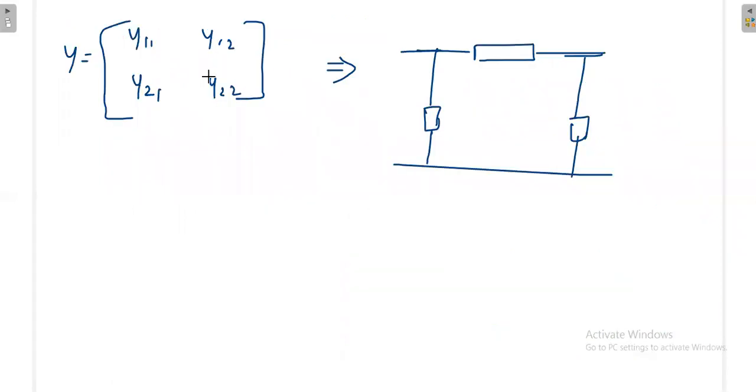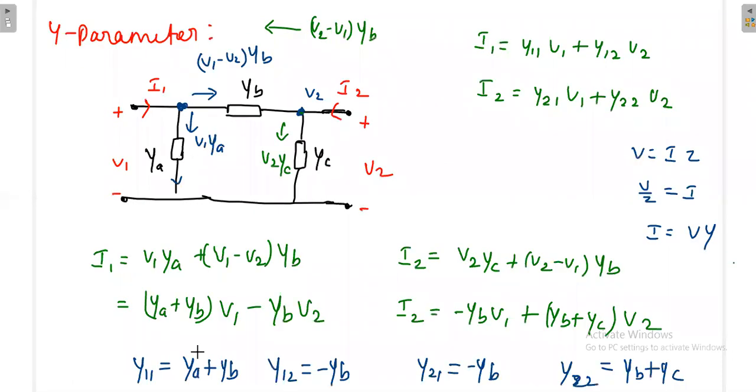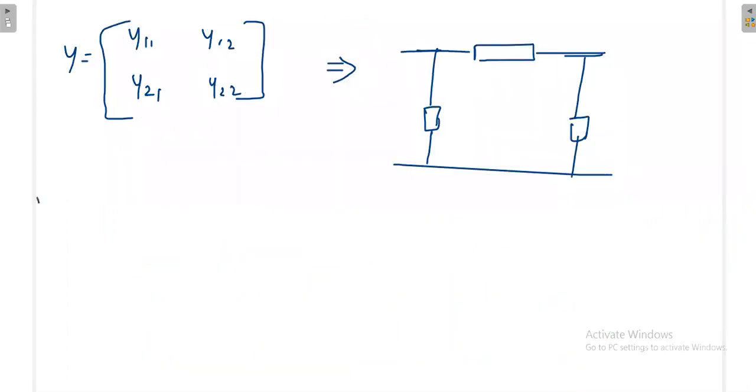So once you have Y, how do you represent it as a pi model network? If you observe here, to get YA, you just add Y11 and Y12, because YB cancels. That is a simple way. Next, how to get YB?